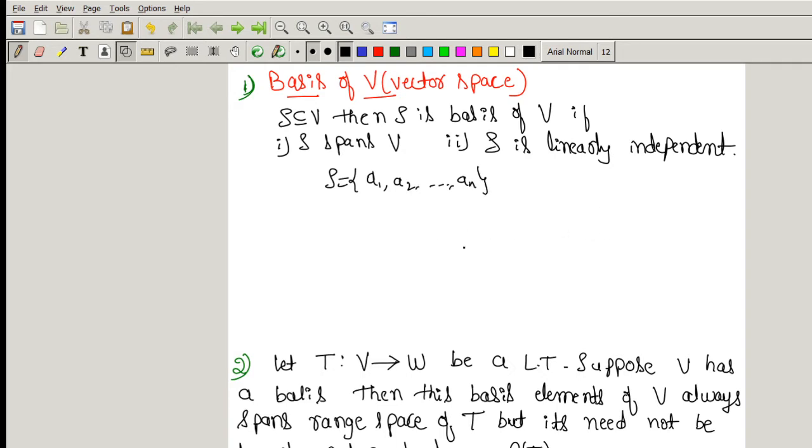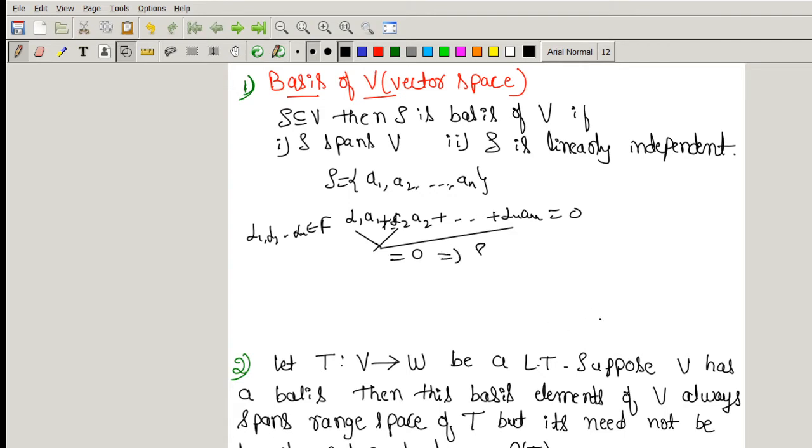That is, alpha 1 into a1 plus alpha 2 into a2 plus so on plus alpha n into an is equal to 0, where alpha 1, alpha 2, so on up to alpha n are elements in the field. If every one of these alpha 1, alpha 2, up to alpha n becomes 0, then this set S is linearly independent.